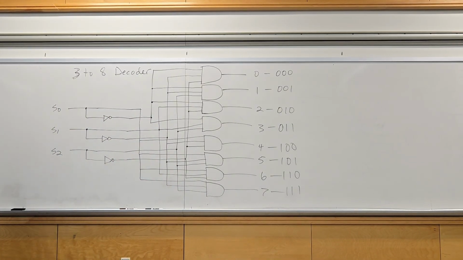So it's just a lattice of crisscrossing wires. Each AND gate is basically a selector for a particular combination of inputs. Each input has a unique output line.